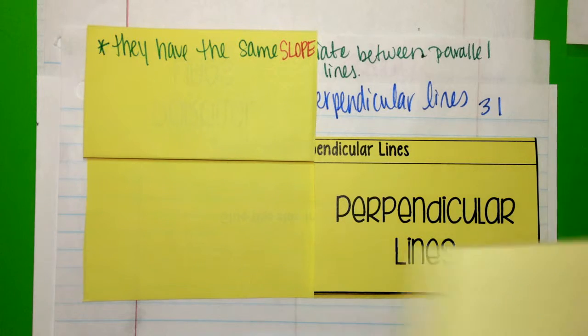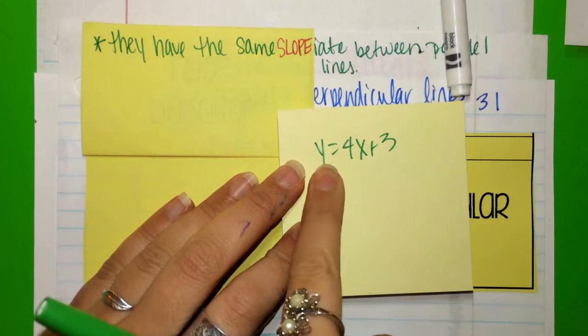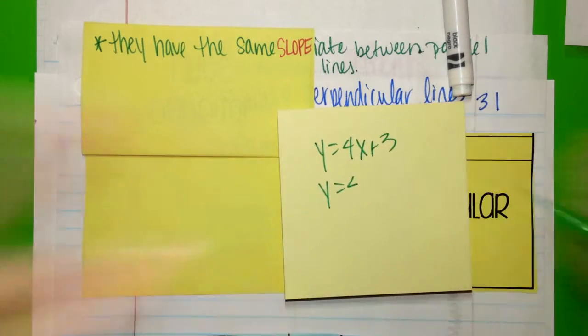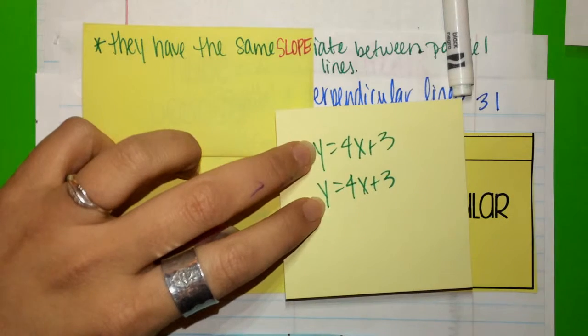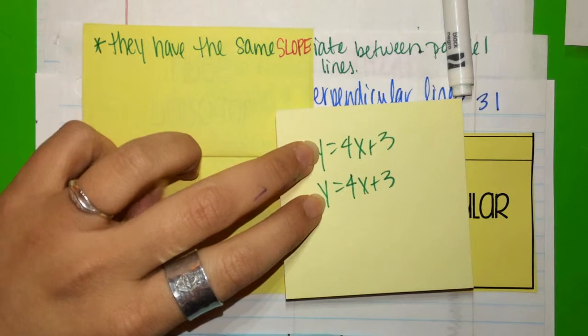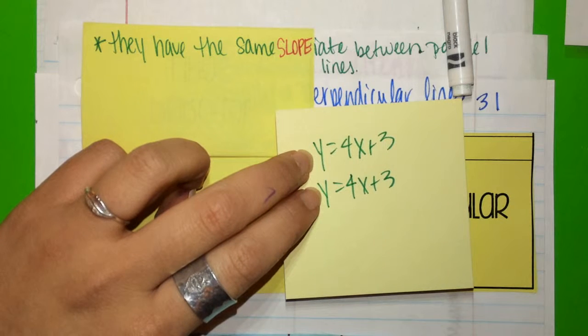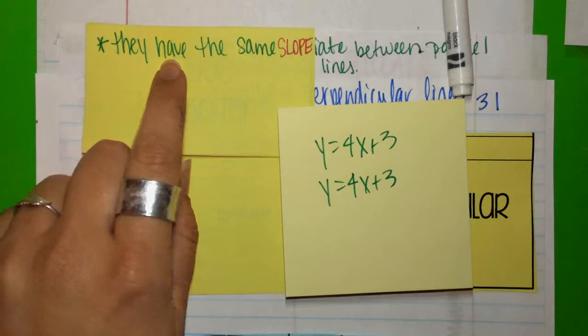If I gave you an equation, and I said y equals 4x plus 3. 4 is the slope, 3 is the y-intercept, correct? And then I said the parallel line, parallel in quotes, would be y equals 4x plus 3. Is this the same thing? Yes. That's the same line, so these are not parallel. What do we have to change for it to be parallel? The x. So, what has to be the same?